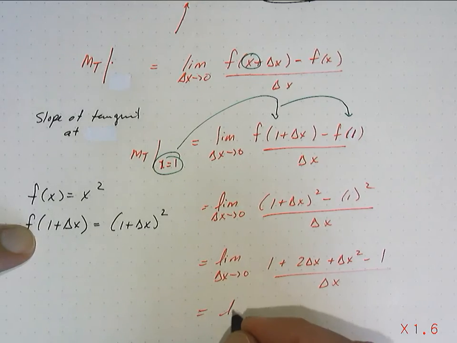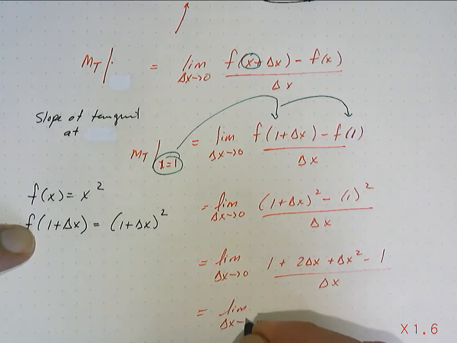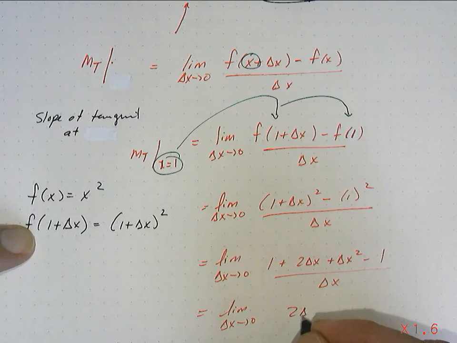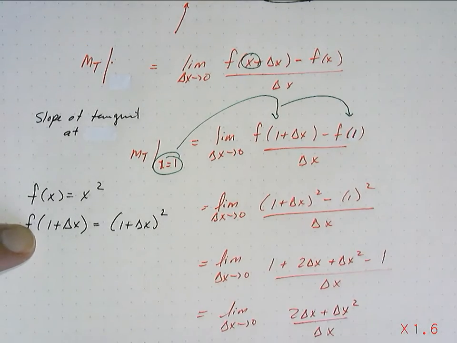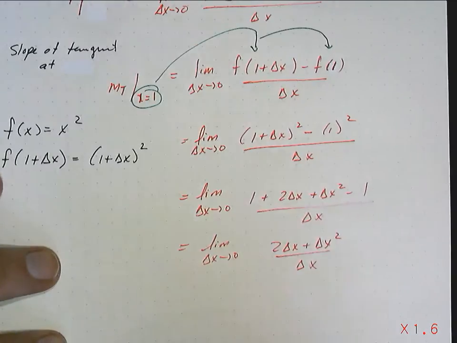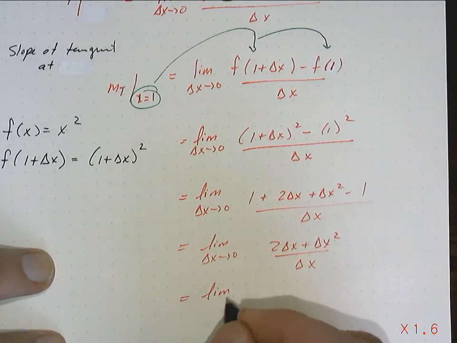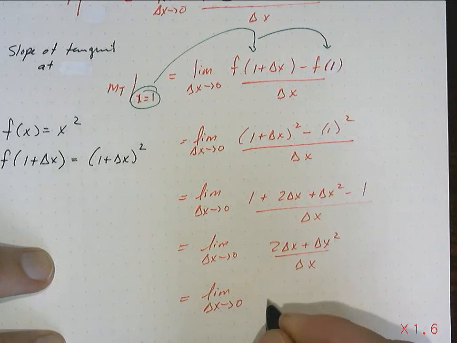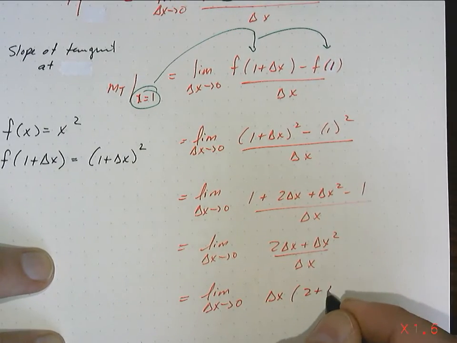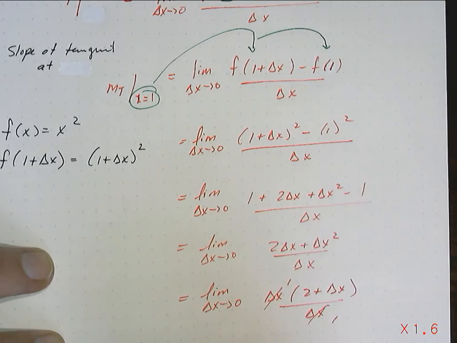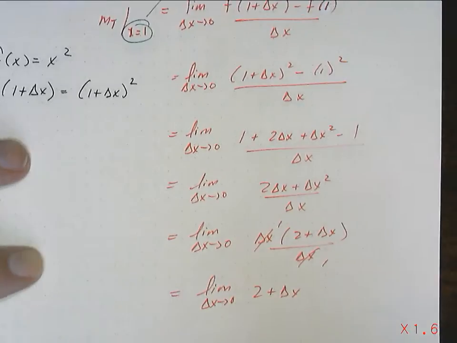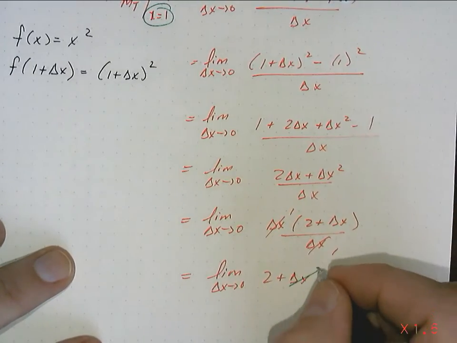That's going to give us the limit as delta x approaches 0 of 2 delta x plus delta x squared over delta x. Common factor out of delta x. Goodbye, goodbye. And we end up with the limit as delta x approaches 0 of 2 plus delta x. Turn on the limit. That goes to 0.